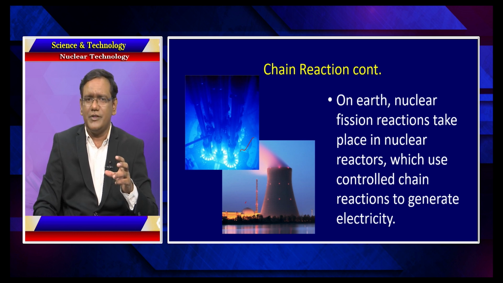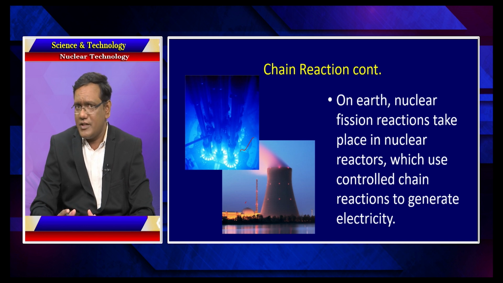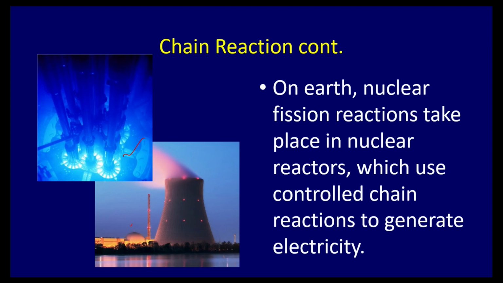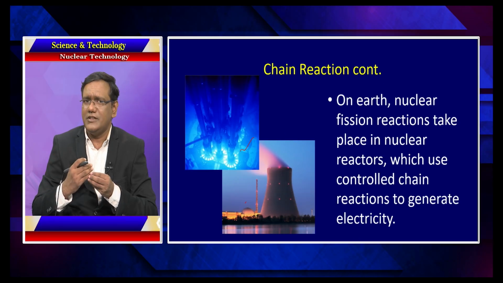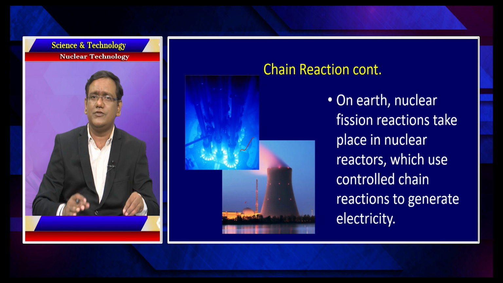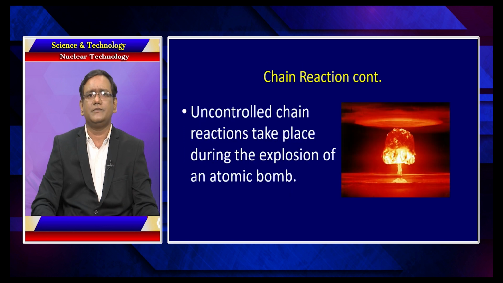If the chain reaction continues like that, it generates huge energy that we cannot control, and obviously it will burst. But if you control the chain reaction in a specific manner, then you can tap that energy and use it for electricity generation.